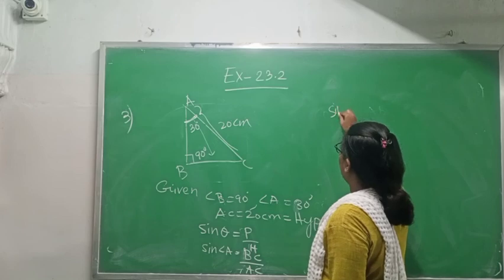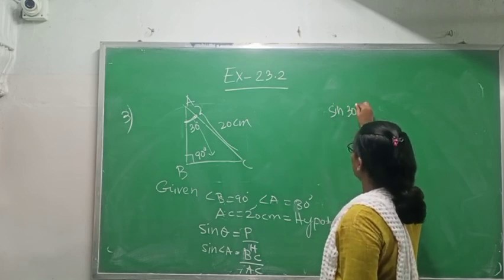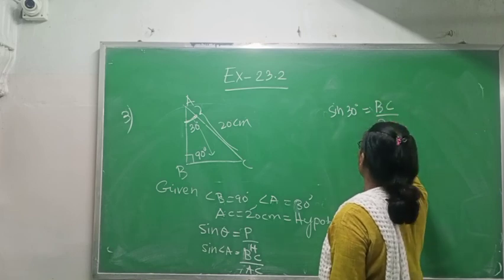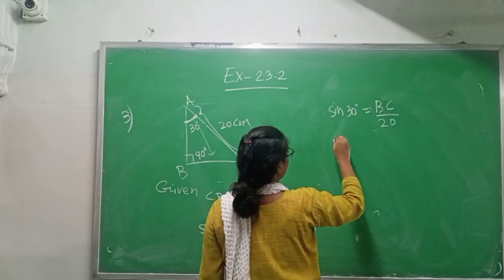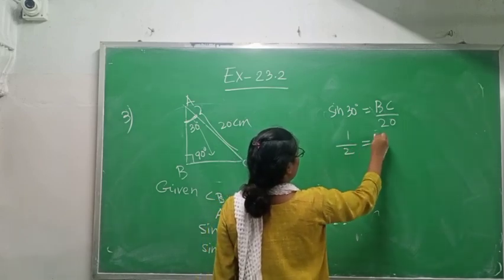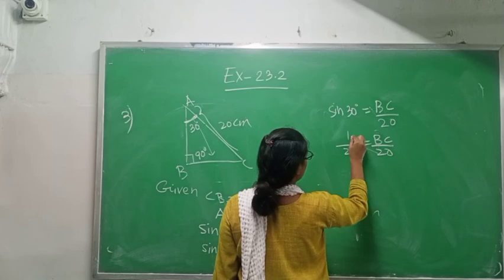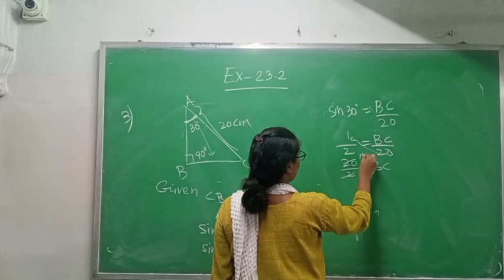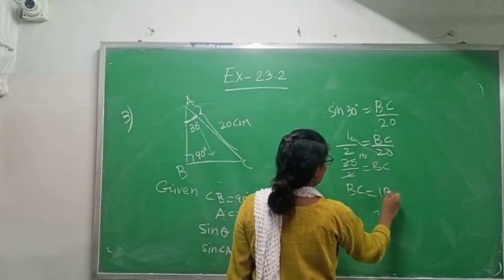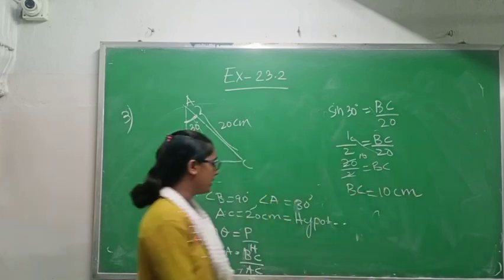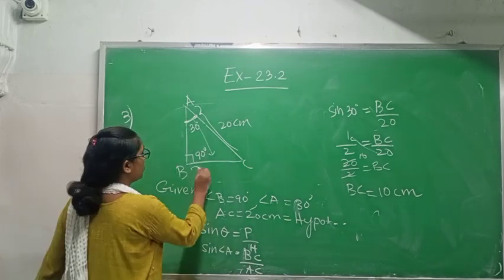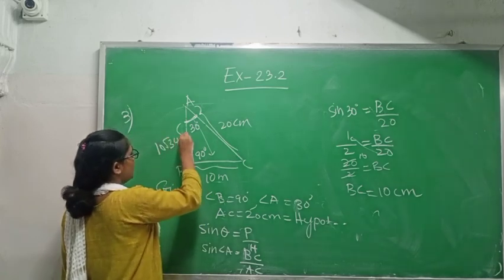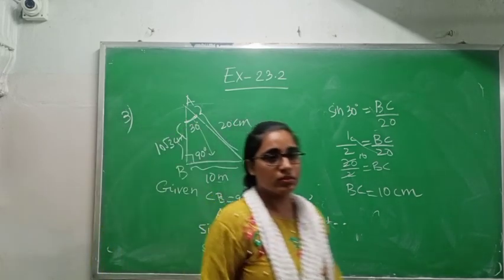Sine 30 degrees is 1 by 2, so 1 by 2 equals BC by 20. Then BC equals 20 by 2, so BC equals 10 centimeters. So BC you got 10 centimeters and AB you got 10 root 3 centimeters. Write this one.